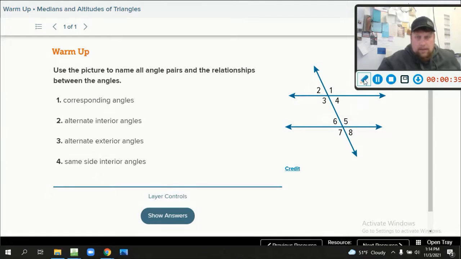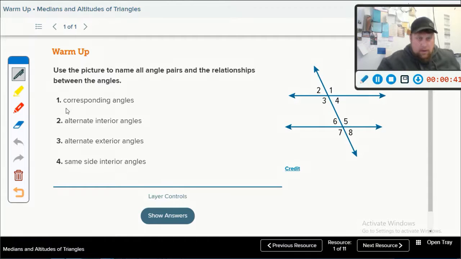So in this case, what am I going to have? Corresponding angle is angle 1, angle 5, angle 2, and angle 6, right? Those are corresponding angles, and they are congruent.